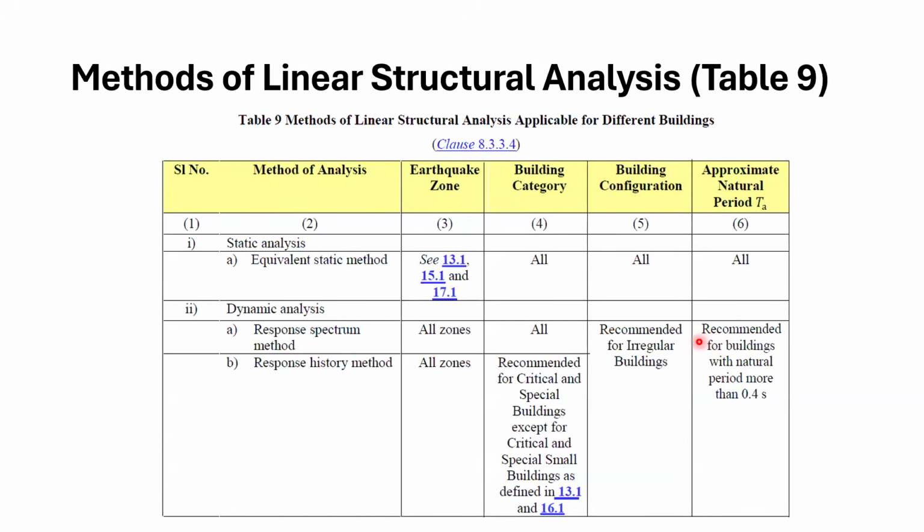And one you can see here is recommended for buildings with natural period more than 0.4 seconds. So the approximate natural time period formula is given. Follow that, and then if it is greater than 0.4, then both the methods are recommended. The designer will have to decide on the analysis type.